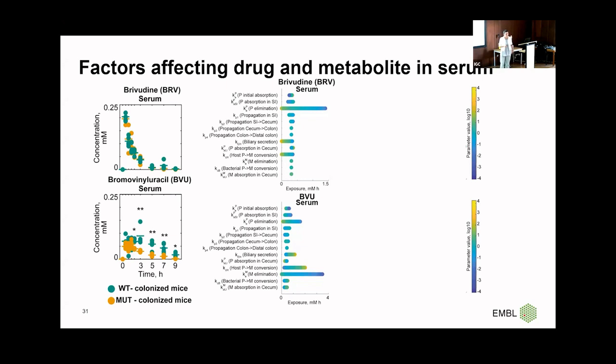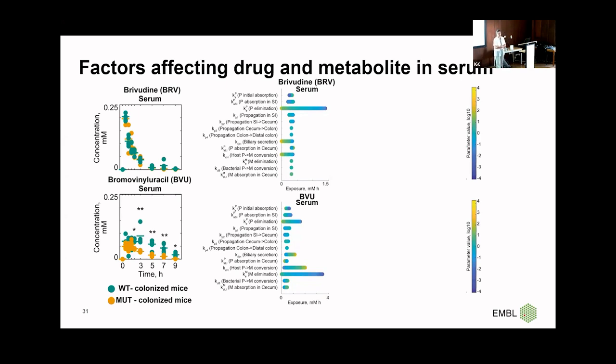And how many variables? So you have these parameters, and how many equations and variables are we talking about? It's roughly about 8 equations for the drug, and about 4 for the metabolite.